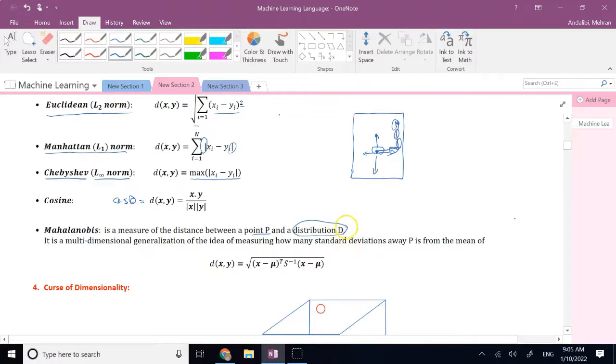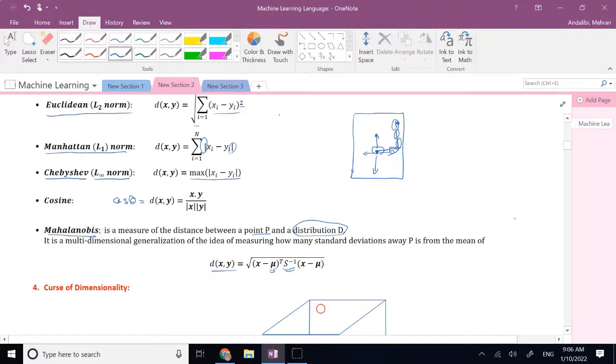And how would you show the distribution? You show it with the average value in that distribution, mu, and with the covariance matrix, S. So if you subtract mu from x, transpose it, multiply by the inverse of the covariance matrix, multiply by x minus mu, and take the square root of that, this is called the Mahalanobis distance.